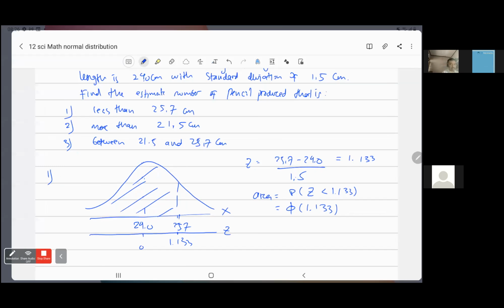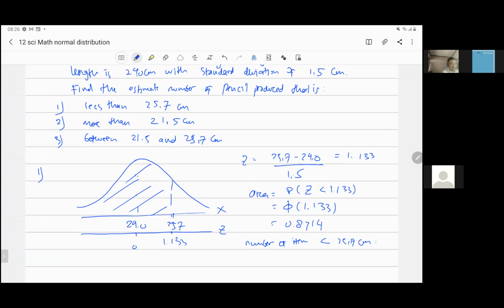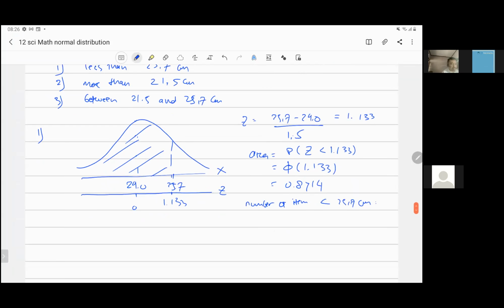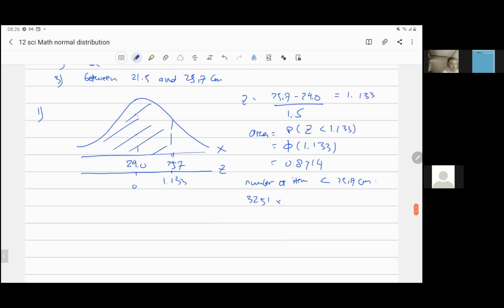So we have 0.8714. This is the proportion of the total. So the number of items less than 25.7 centimeter is the total, 3251, times 0.8714.